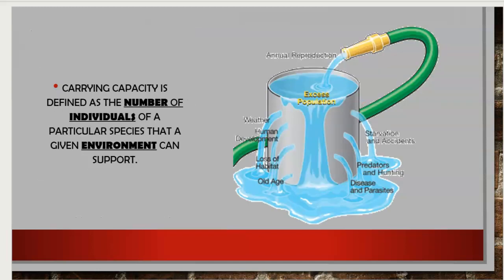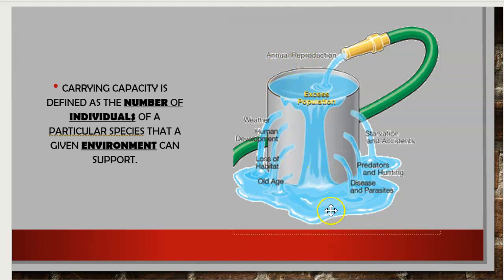So what is carrying capacity? It's the number of individuals of a particular species, that could be frogs, it could be humans, that a given environment can support. So here you can kind of see that this is all it can hold. This is all this cup can hold. And so, you've got starvation and accidents, predators and hunting, disease and parasites, old age, loss of habitat, human development, weather, annual reproduction.